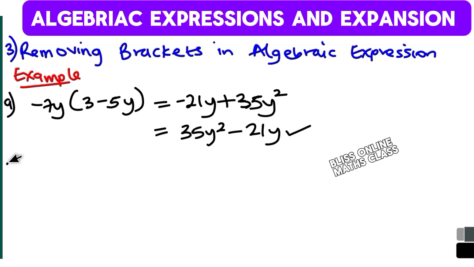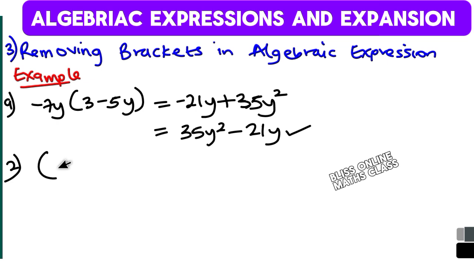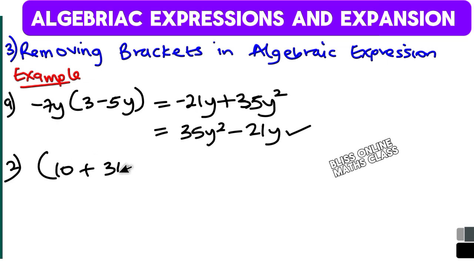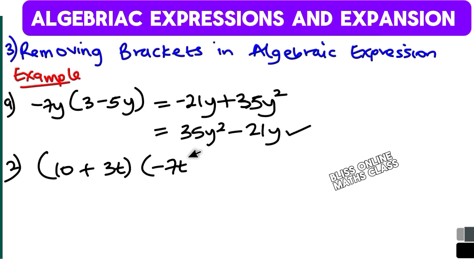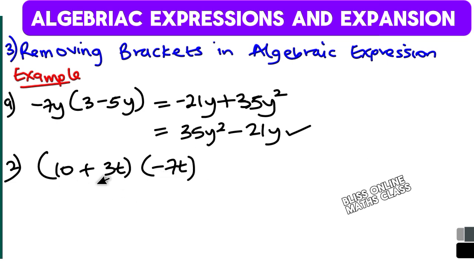Another example we have is bracket 10 plus 3t bracket minus 7t. So this bracket multiplied by this bracket. So we are going to use this number, this one, to multiply this and to multiply this. That's how we are going to open this bracket.